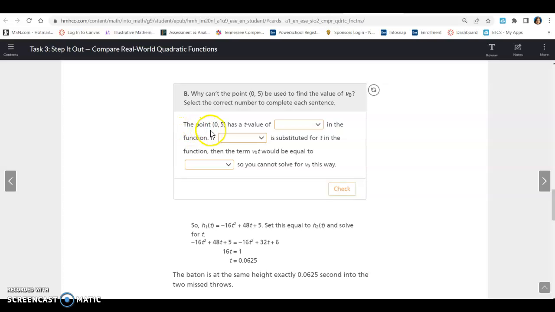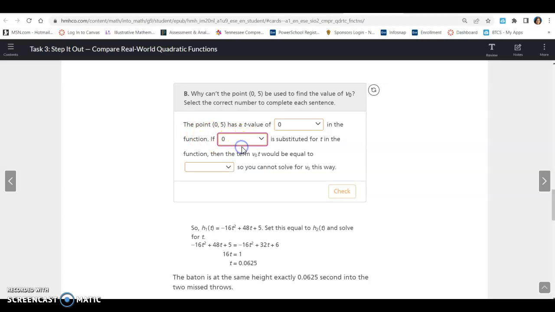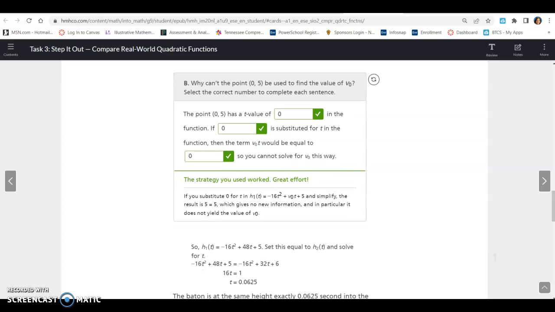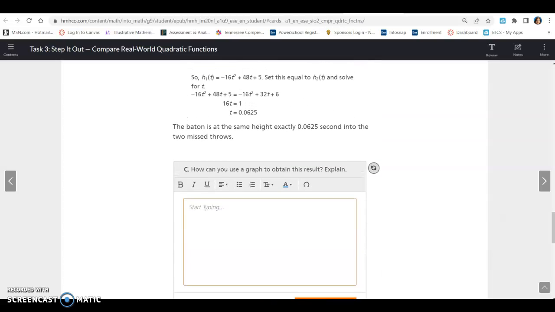The point (0, 5) has a t value of 0 in the function. If 0 is substituted for t in the function, then the term v sub 0 times t would be equal to 0, because 0 times anything equals 0. That means you cannot solve for v sub 0. So you cannot use this point just because your x value is 0 there. You have to use the other point given.